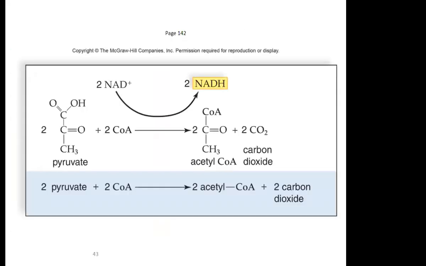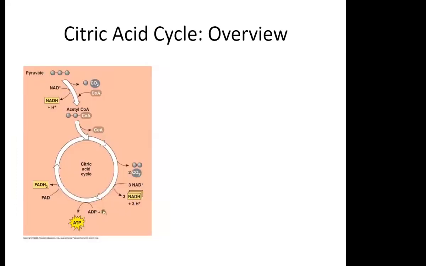So to summarize that little intermediate step, these two pyruvates ultimately become acetyl-CoA and 2 CO2s. You could also say that there's a NADH produced as well. Where does all this happen?